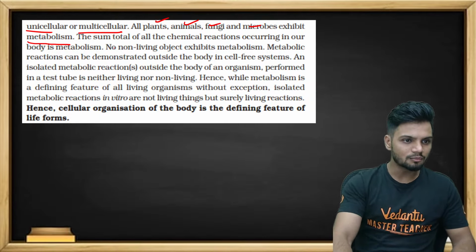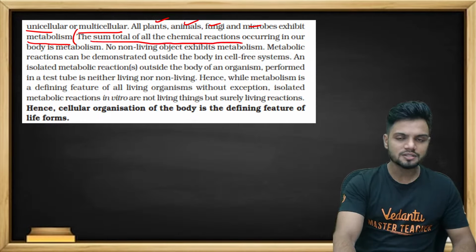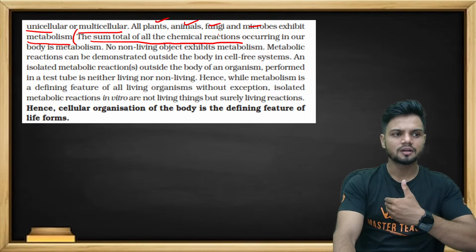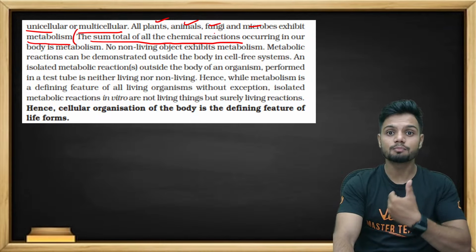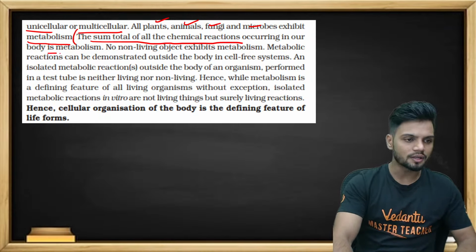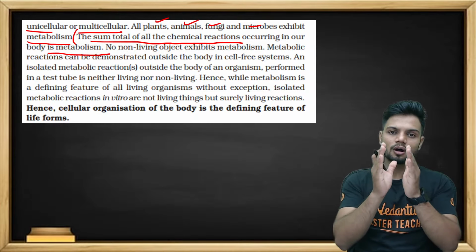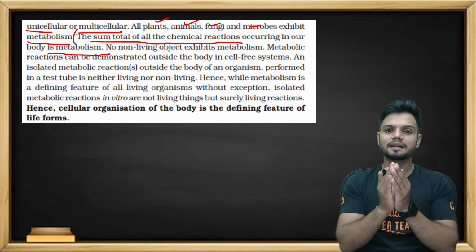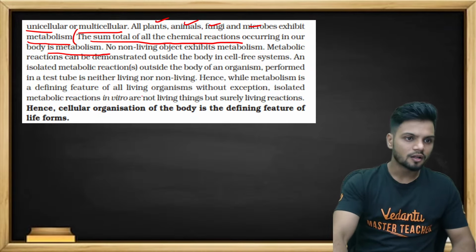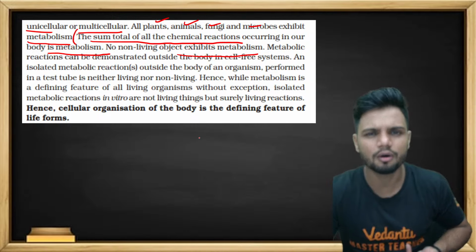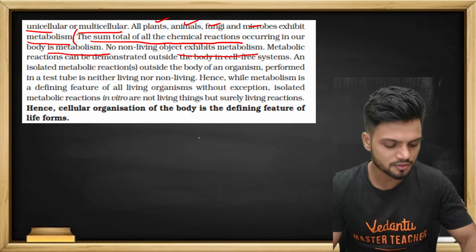Okay, a sum total, very important line, a sum total of all chemical reactions, that includes catabolism and anabolism both, occurring in our body is metabolism. That is catabolism plus anabolism. All the reactions together is called as metabolism. Okay. No non-living exhibits metabolism. Obviously, they cannot show metabolism because they do not have organic compounds.